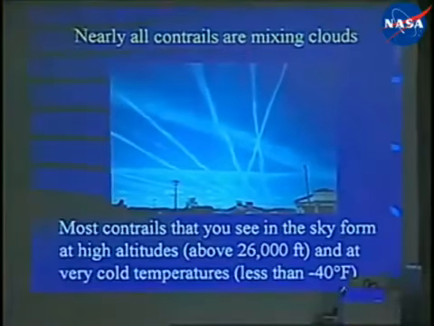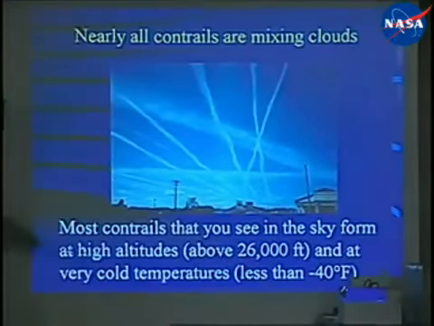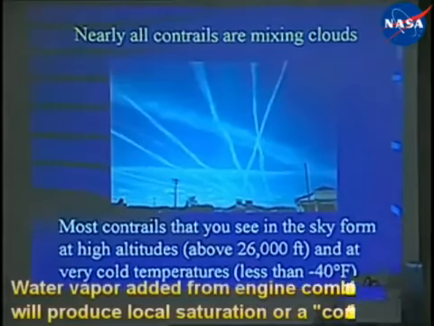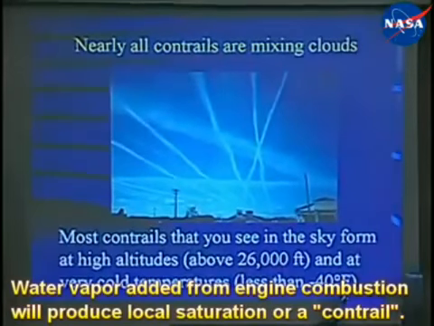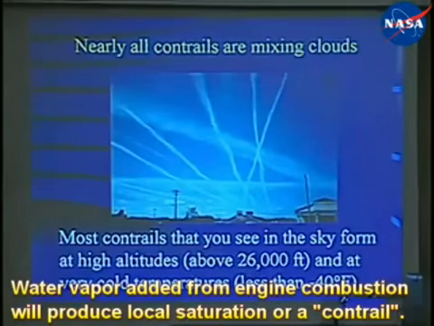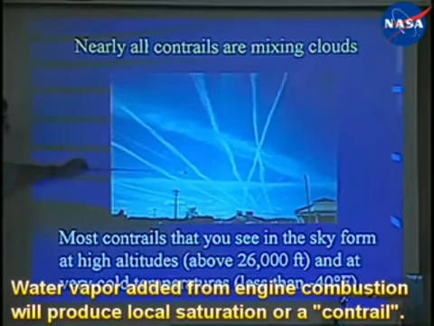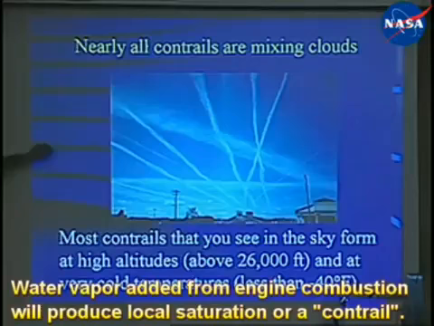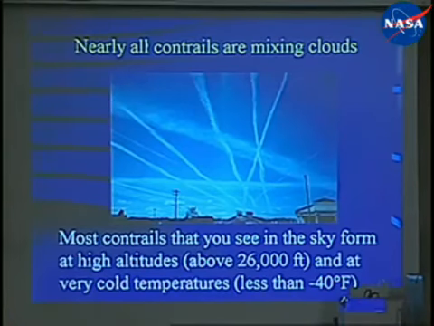And what I want to point out is that these contrails are at very high altitudes and they form at very cold temperatures. And the reason for that is because contrails do not always form from jet aircraft. If the air temperature is a little bit too warm on the outside, the atmosphere won't be able to cool the exhaust enough to create that condensation.